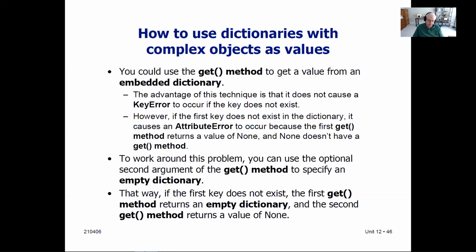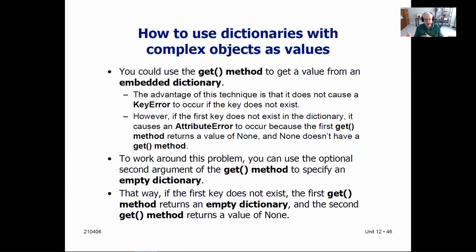Because if we are missing a key in Ann's dictionary, that's going to mess up the contacts get method, okay? So you'll see what I'm talking about here. The way we can work around this is in the first get method, in the second argument, put an empty dictionary in there, and that will solve the problem. Remember, the default is the word none.